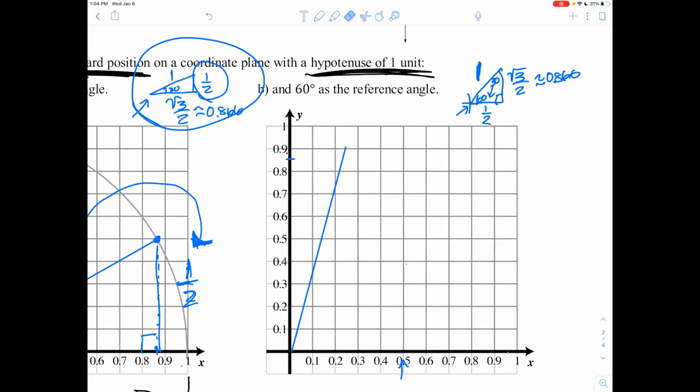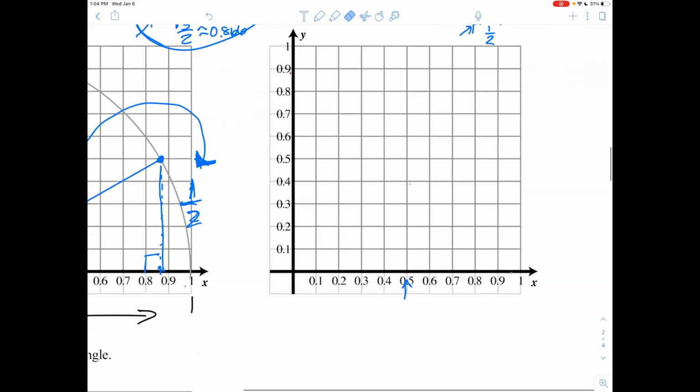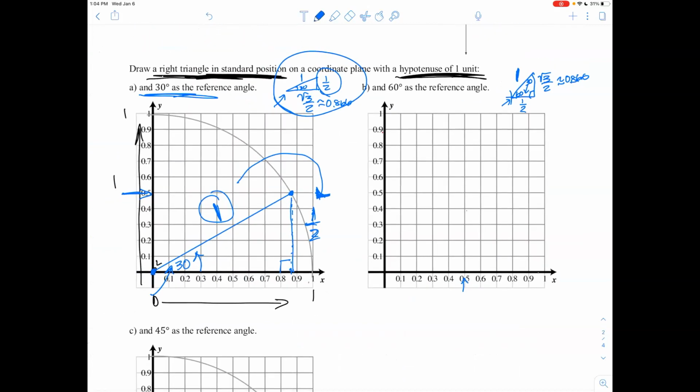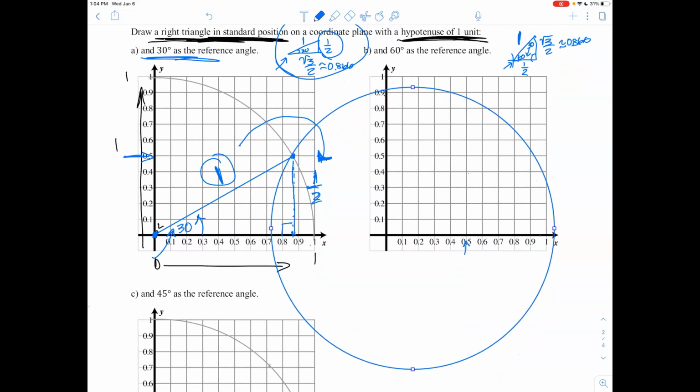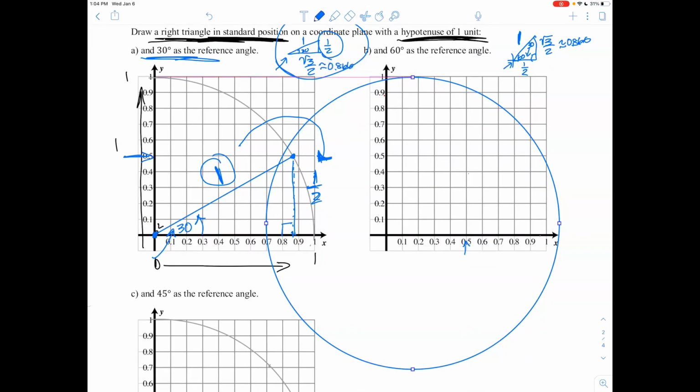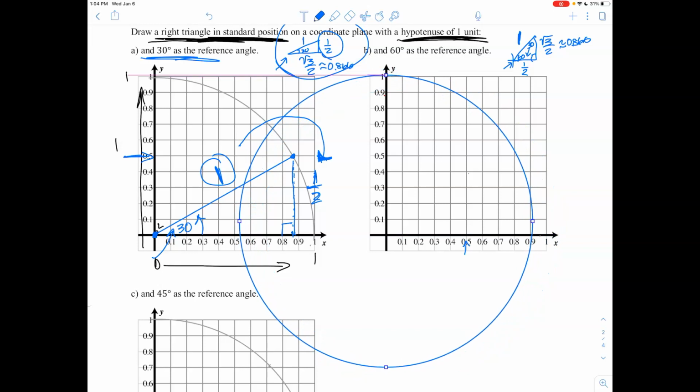That's terrible. It must not be an exact circle. Let me draw a circle real quick. Try again. Okay, there we go. And I just have to get that lined up, and scooch over.